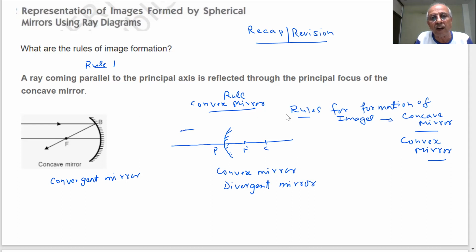If a ray of light is coming parallel to the principal axis, what happens, student? In this case, it will appear to diverge from the principal focus.